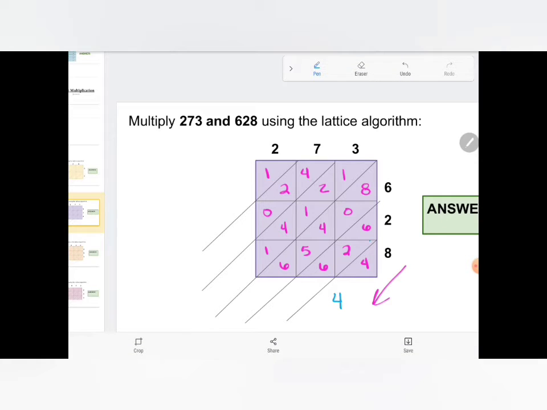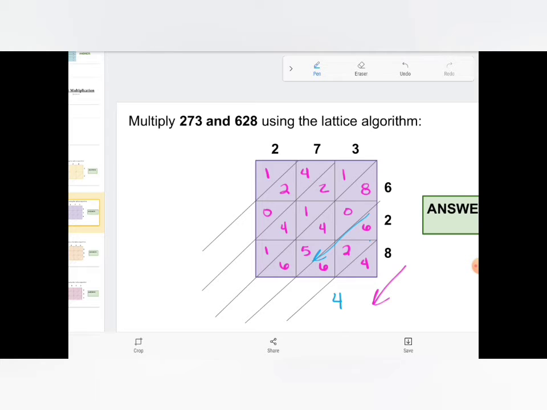Our next section, we have a 6, we have a 2, and we have another 6. This is where the fun part comes in. So whenever you go to add 6, 2, and 6, you're going to get the number 14. We only want one digit as a result of our addition.